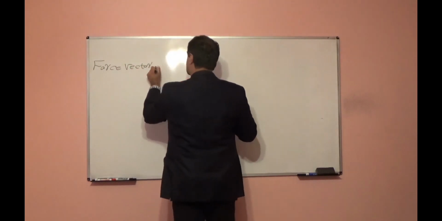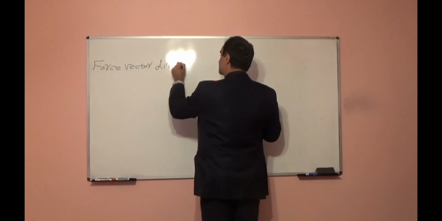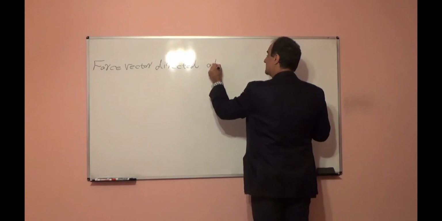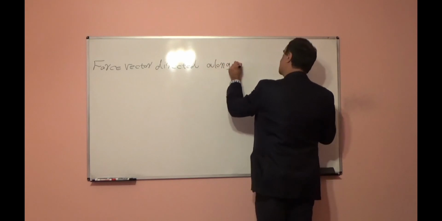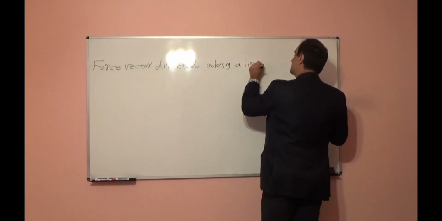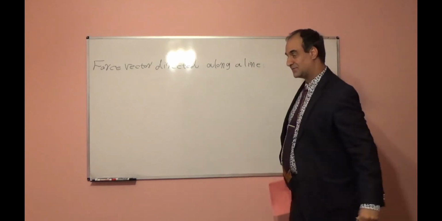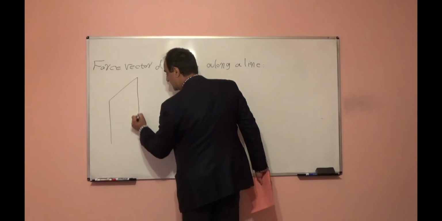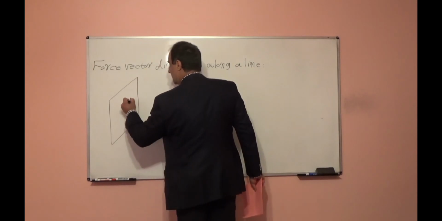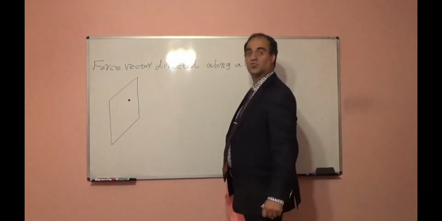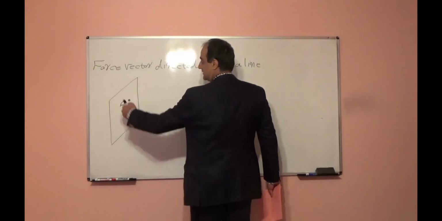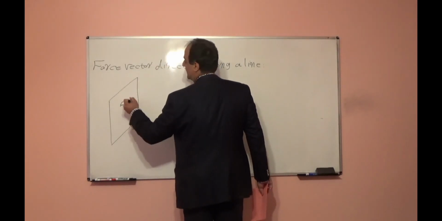Force vector directed along a line. What does that mean? For example, assume we have a wall. I attach or tie one rope or cable to one fixed point on this wall, such as point A.